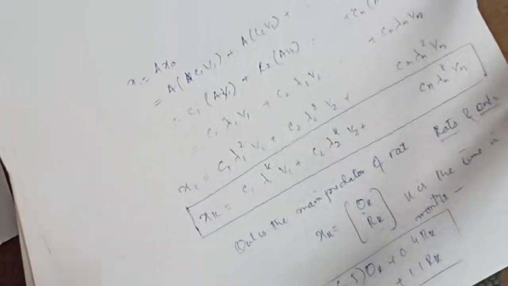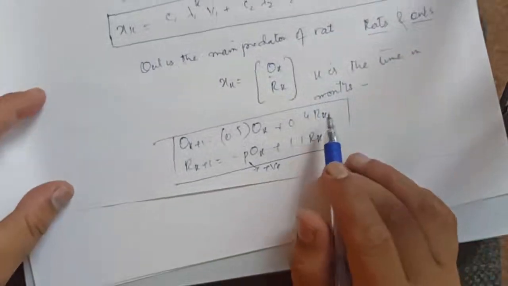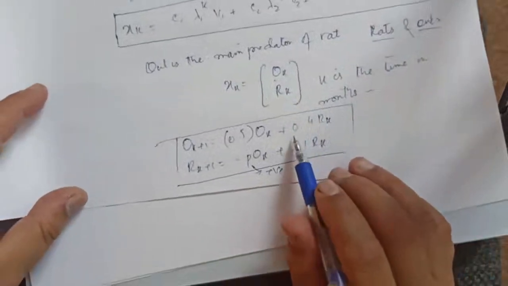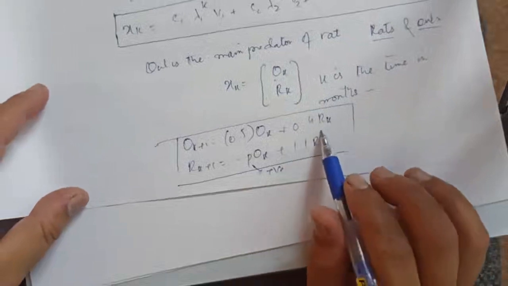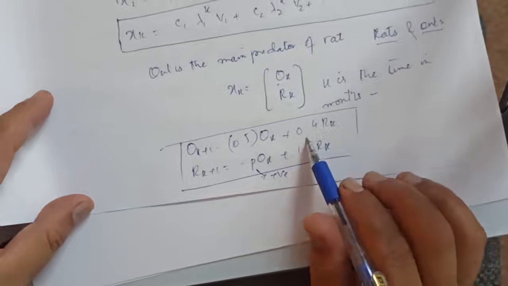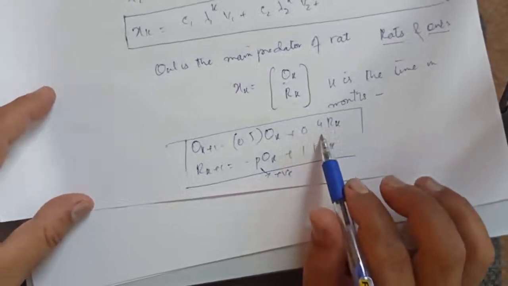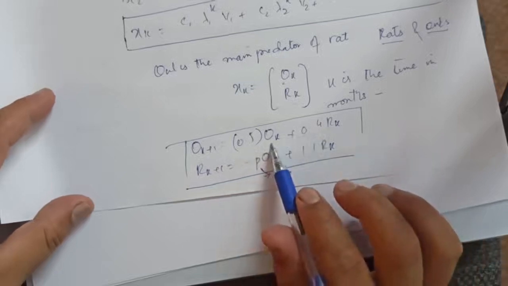If there are plenty of rats, then the 0.4 r_k term means the rats make the owl population rise by becoming prey to these owls.